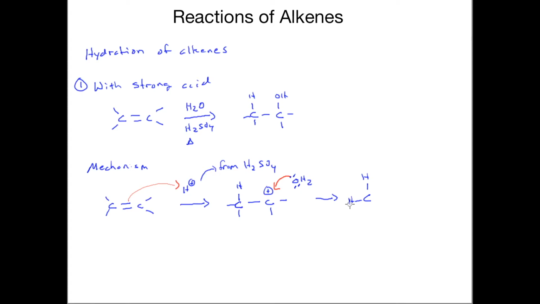Oh, that should be a methyl group there. And we end up with water now attached to our carbon here, and we have two more methyl groups on the side.